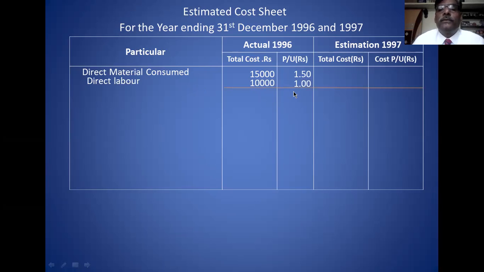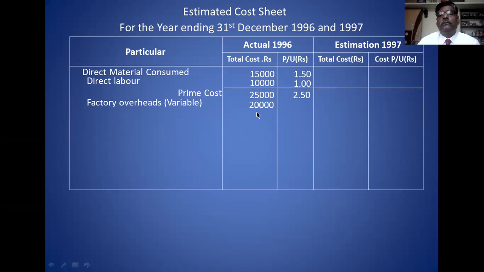The total is called prime cost: 25,000, and per unit is 2 rupees 50 paise. Add factory overhead. Factory overhead is variable, 20,000, divided by 10,000, its per unit cost is 2 rupees. The next total is factory cost. Factory cost total is 45,000, per unit is 4 rupees 50 paise.